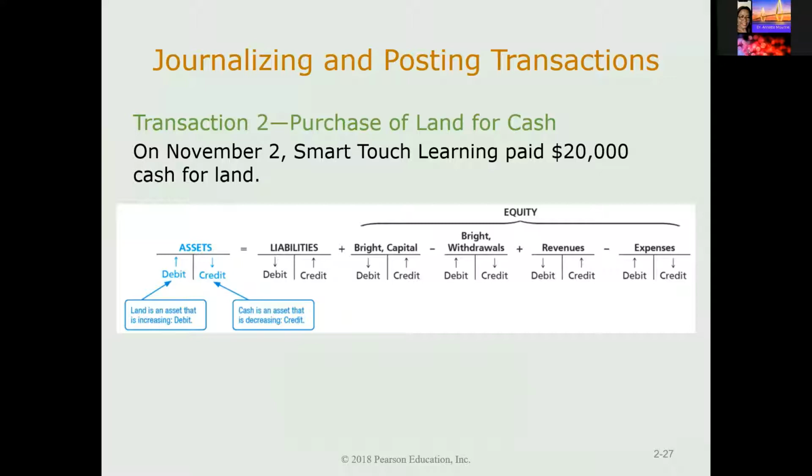Because they paid $20,000 cash for the land, cash will be credited because it decreases the asset account. But land will be increased with a debit. Land is an asset that is increasing, so it's a debit. Cash is an asset that is decreasing, so you'll have a credit.